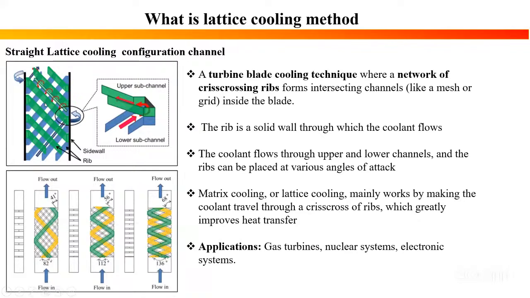Here you can see a crisscross system arranged so that the coolant can flow upwards and downwards. There are two streams. This black border you can call the sidewall, and the upper subchannel and lower subchannel make a way through which the coolant flows. With the combination of these two channels, a rib is formed.